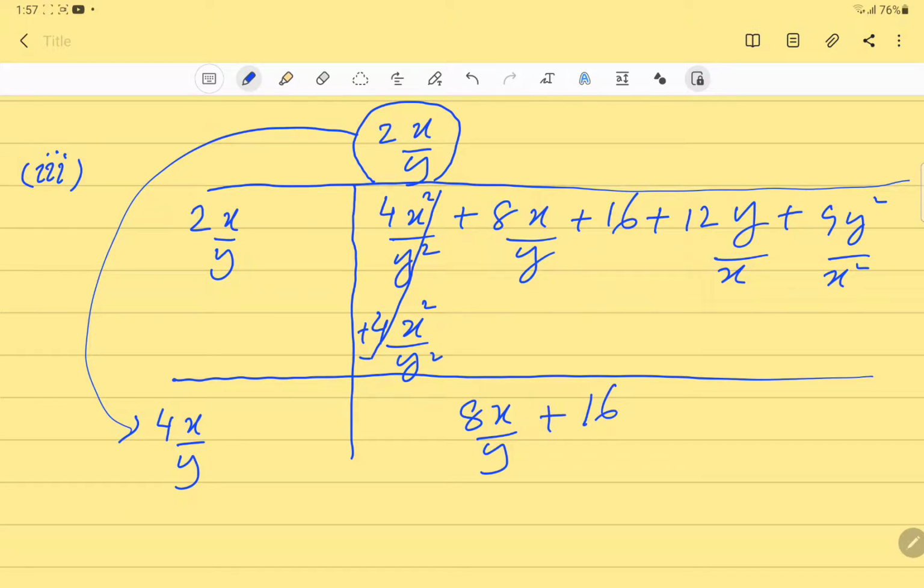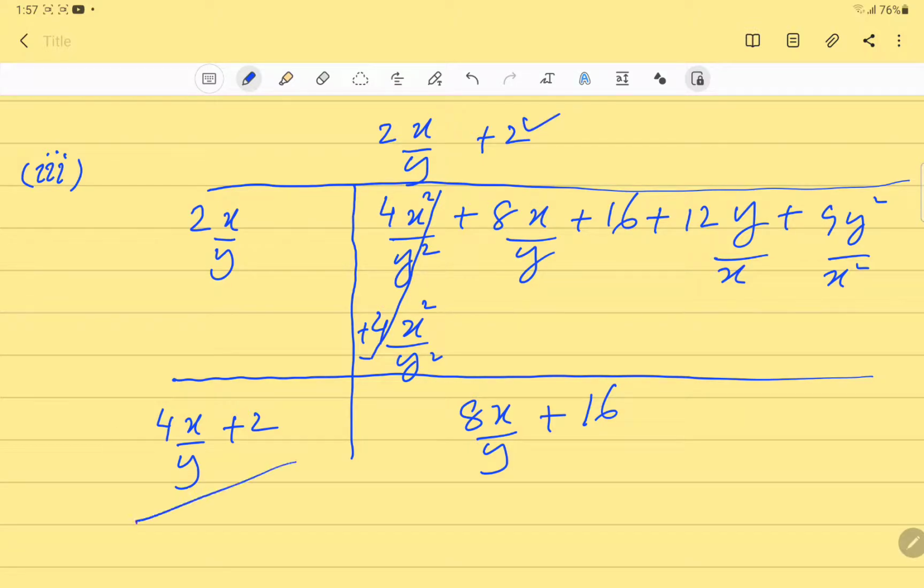Now we have to multiply 4x over y with some term which will give us 8x over y, which is obviously 2 in this case. We will write plus 2 in the quotient, and the same plus 2 will come over here as well. Now we multiply this 2 with these two.